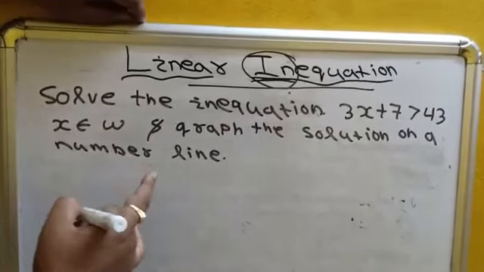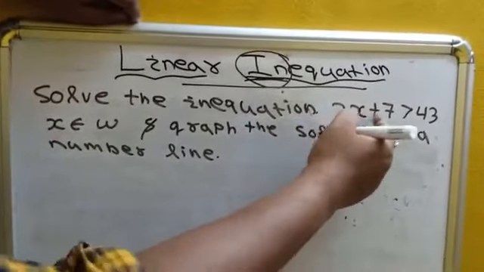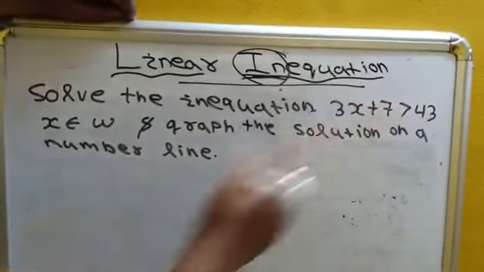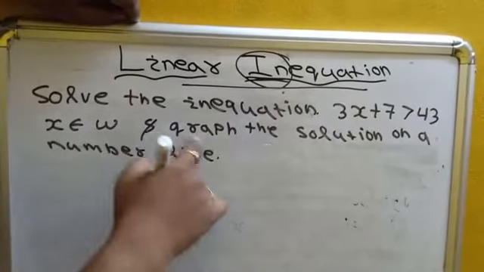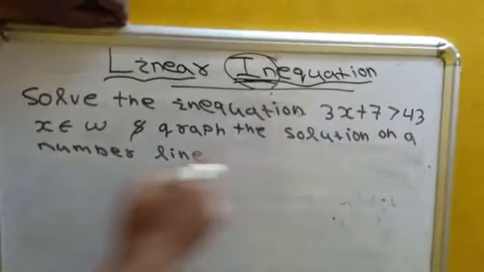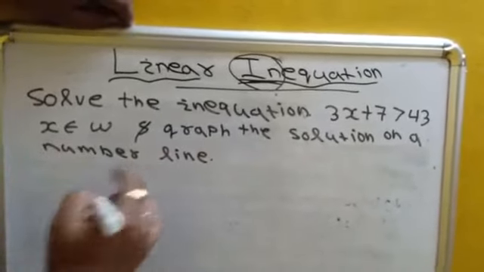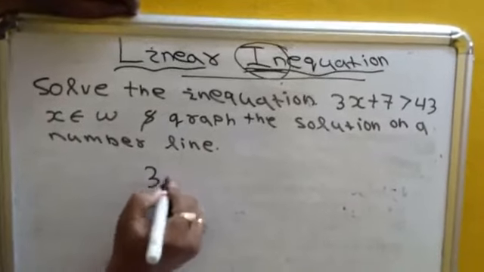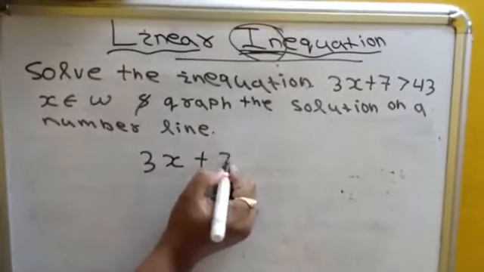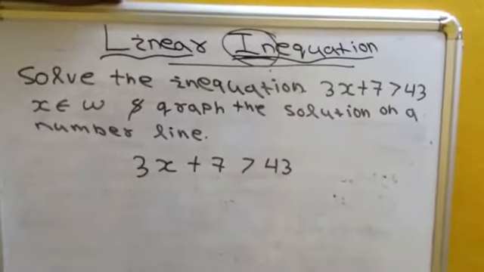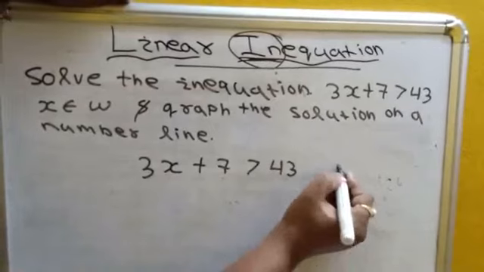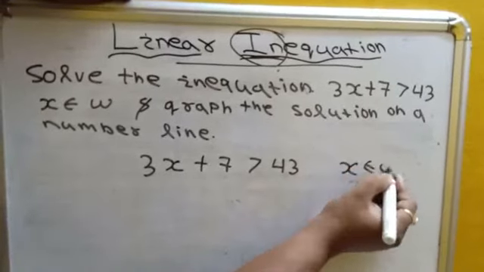So how can you solve this? Let's start. 3x plus 7 greater than 43 is the statement given, and here x belongs to W.